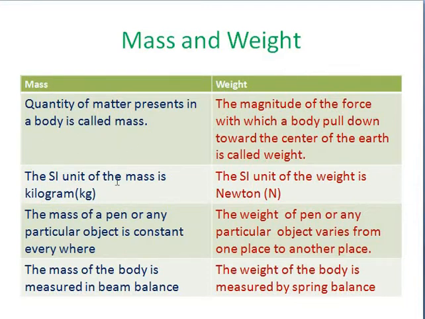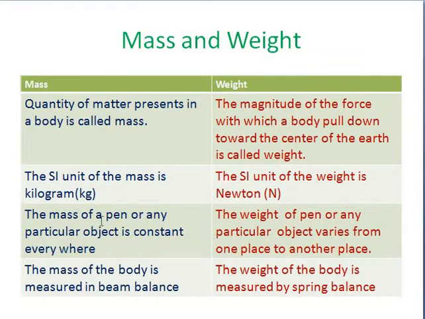The SI unit of mass is kilogram and the SI unit of weight is Newton, as weight is a force, a magnitude of force. The unit of force is Newton, so the unit of weight is also Newton.